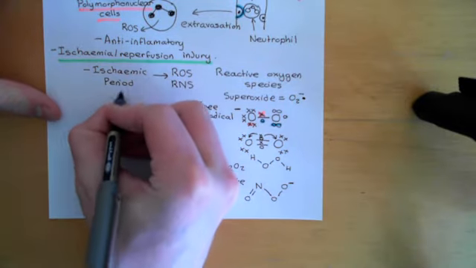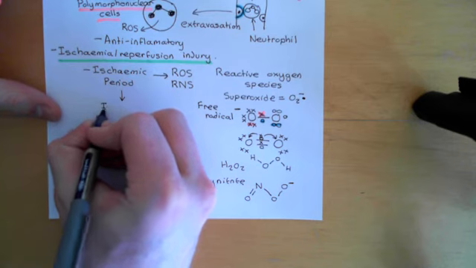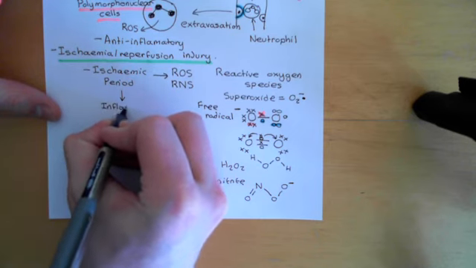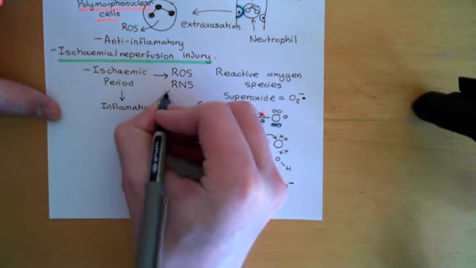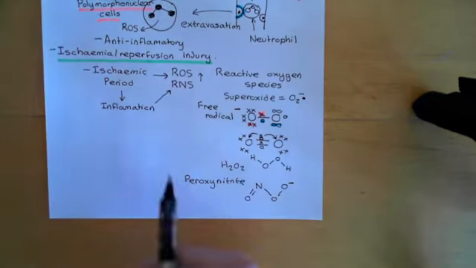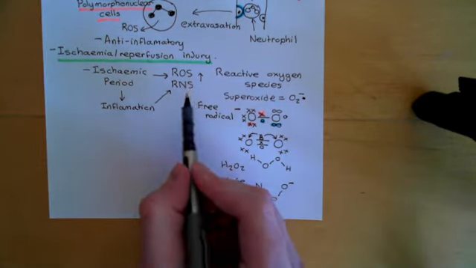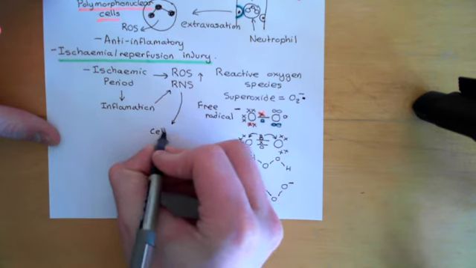So if I draw this in a flow diagram, the ischemic period also causes inflammation. Okay, and the inflammation then leads to further increases in the reactive oxygen species and the reactive nitrogen species. Okay, and these molecules are then going to cause the cell death. So this is what leads to cell death.